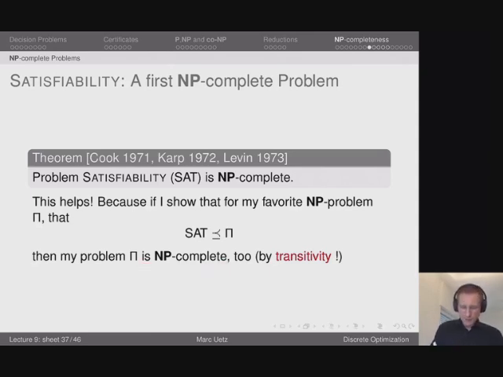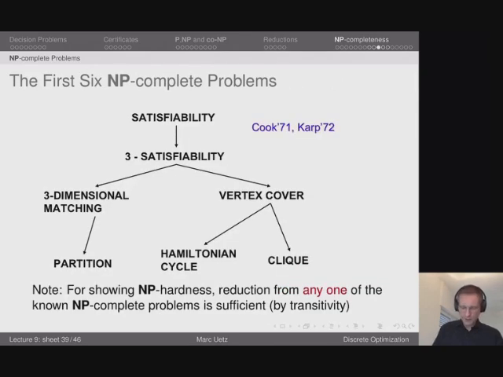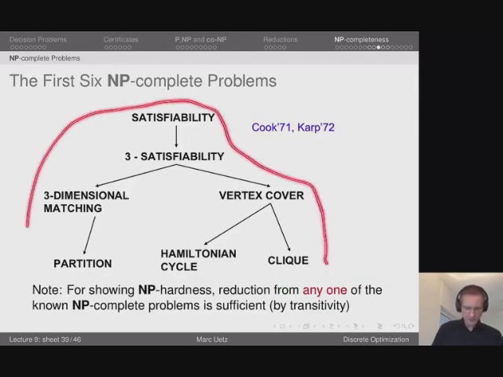And as a matter of fact, once I have showed that my favorite problem pi is also NP complete, that problem itself can again be used in order to show NP completeness of other problems. Okay, so it's not always that I have to reduce the satisfiability problem to show NP hardness. And here's a list of the first 6 problems that have been proved to be NP complete.